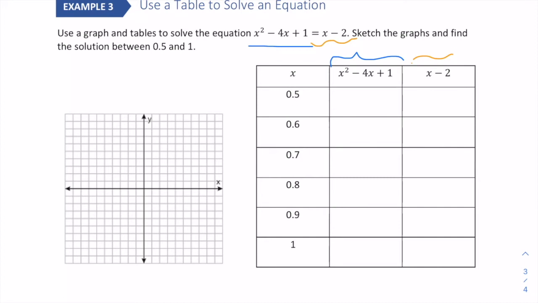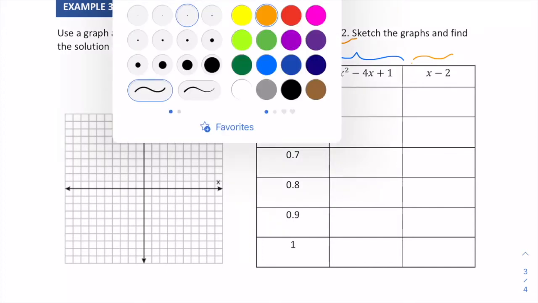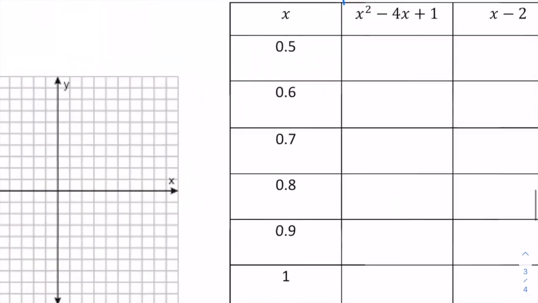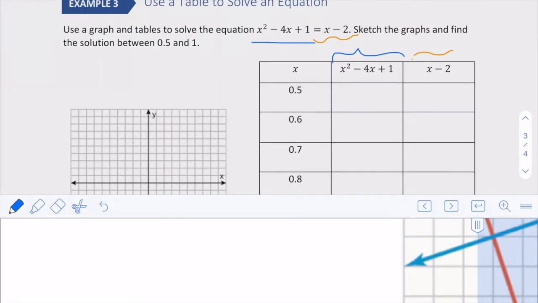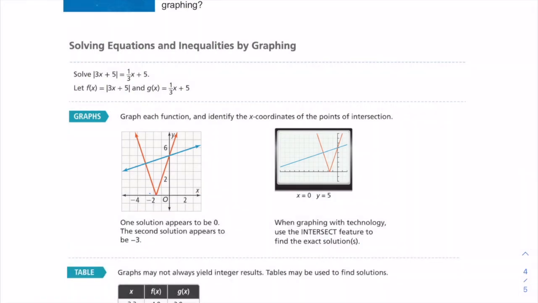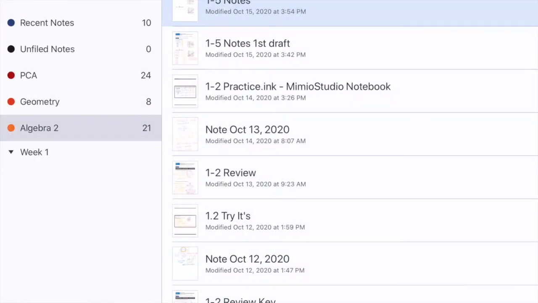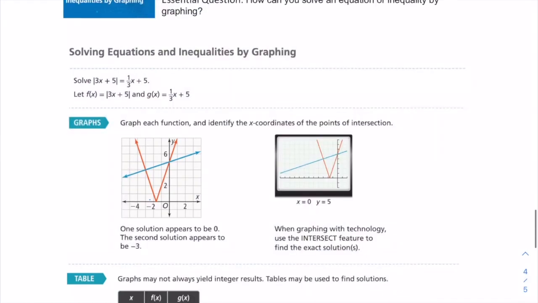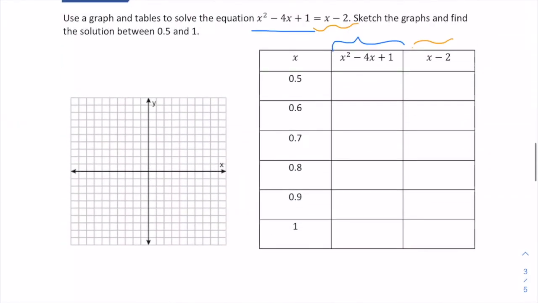So for this one, we're going to plug in different values for each of these. When I plug in 0.5 into this equation, I'll get 0.5 squared minus 4 times 0.5 plus 1. And that's going to be negative 0.75.